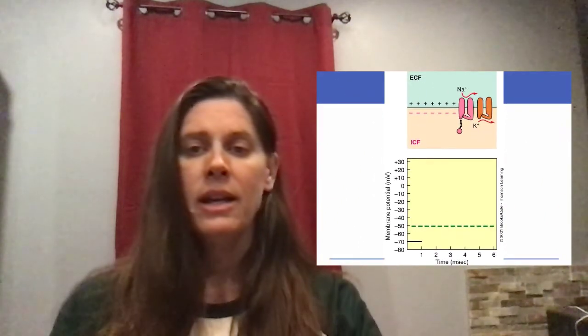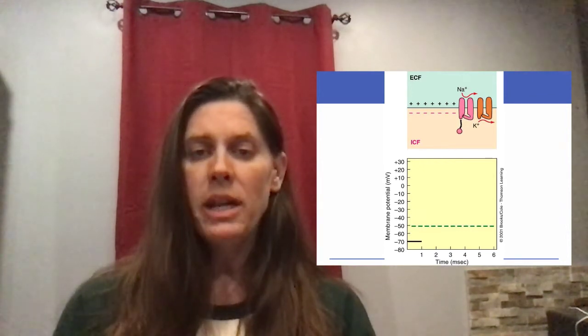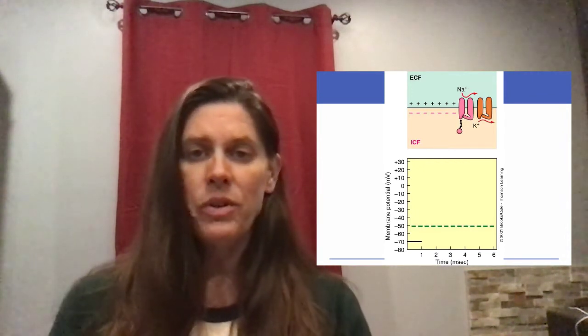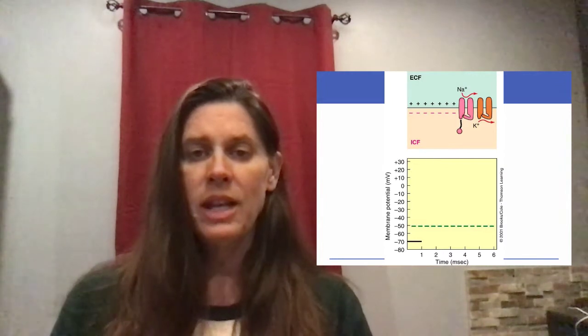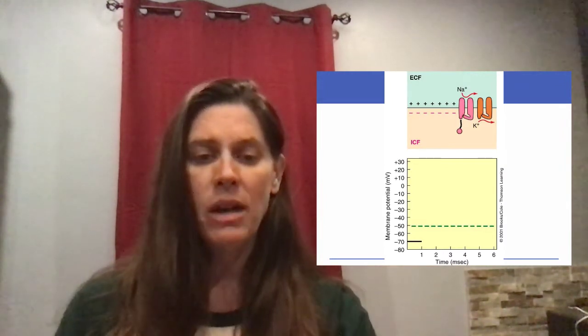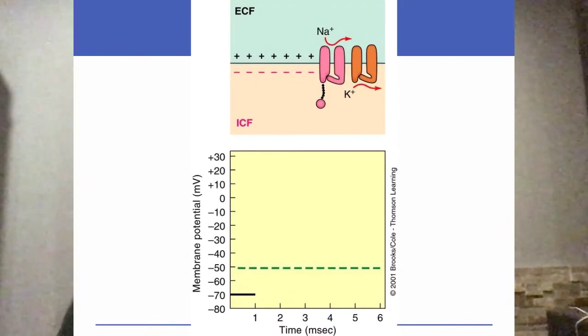All right, let's put the opening and closing of each of these voltage-gated channels together with the timing of the action potential graph. At the top, the greenish color is the outside of the cell, the extracellular fluid.